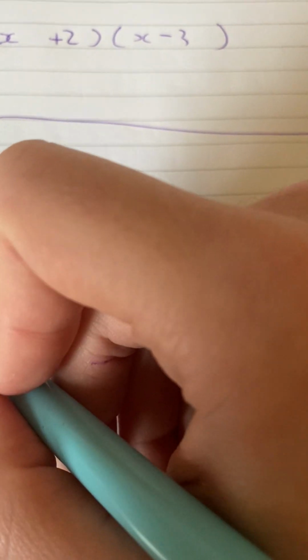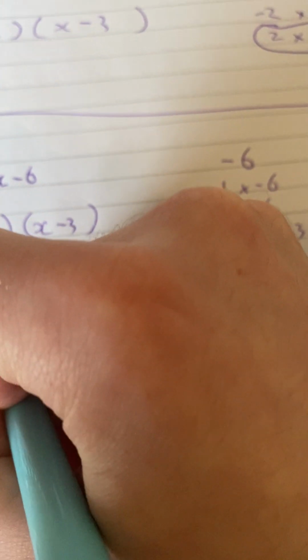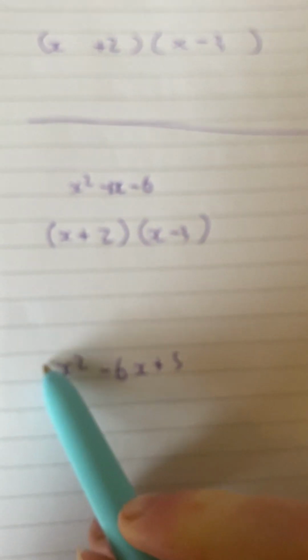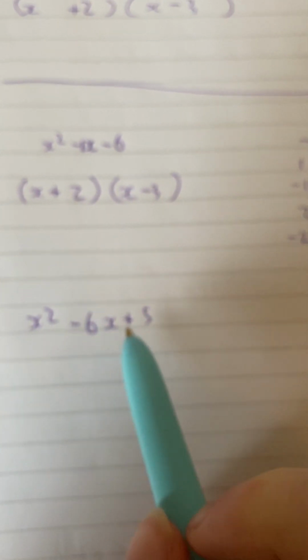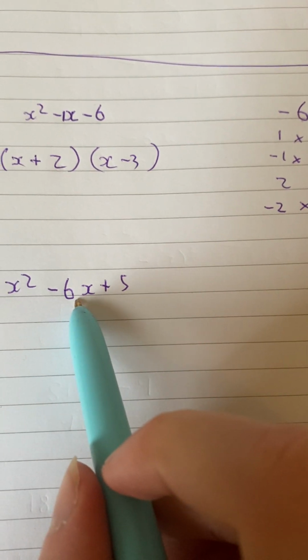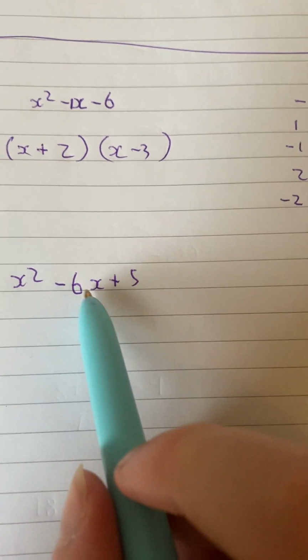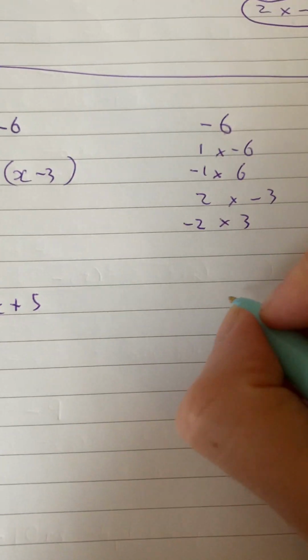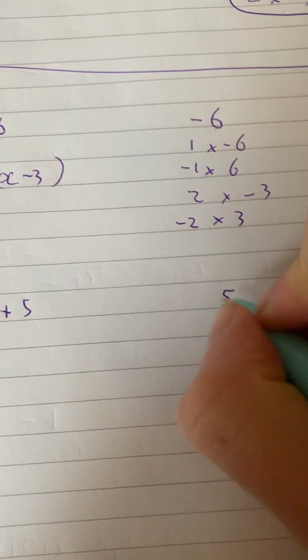Let's just look at another example of that: x squared minus 6x plus 5. This time we're looking at numbers that multiply together to get 5 and add together to get minus 6. So what numbers multiply together to get 5?